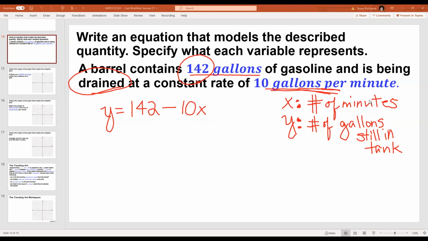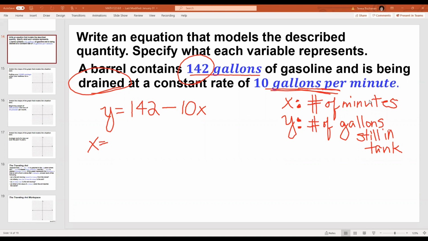Okay, so here what we see is essentially a sort of a negative slope idea, right? Anytime you see a quantity decreasing over time, then you're really thinking about a negative slope. And you can kind of check to see if this makes sense. If you say, well, okay, I'm just going to put in some numbers and see what it looks like.